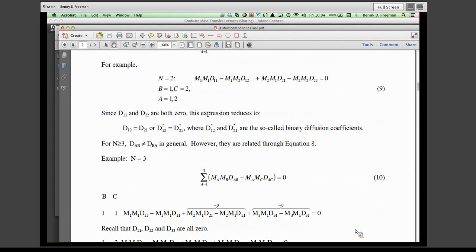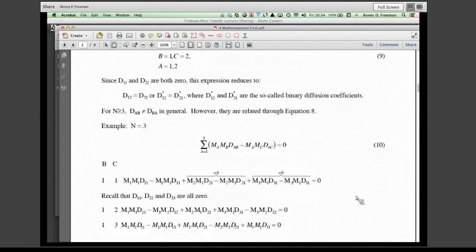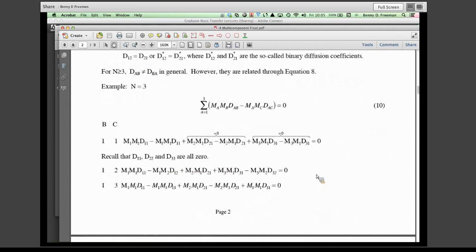And so if I expand that sum that gives the relationship between the diffusion coefficients for a case where we have 3 components, I'm going to let component A be 1, and then I'll let B and C vary throughout the sum as shown here.